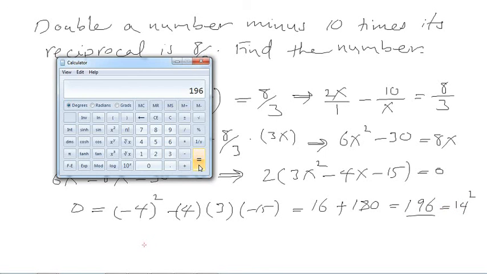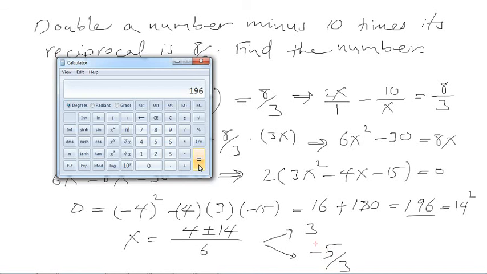So my solutions are x equals minus b, that is 4, plus minus 14 over 2a, that is 6. So it's 18 over 6 or 3, and also negative 10 over 6, which is negative 5 over 3.